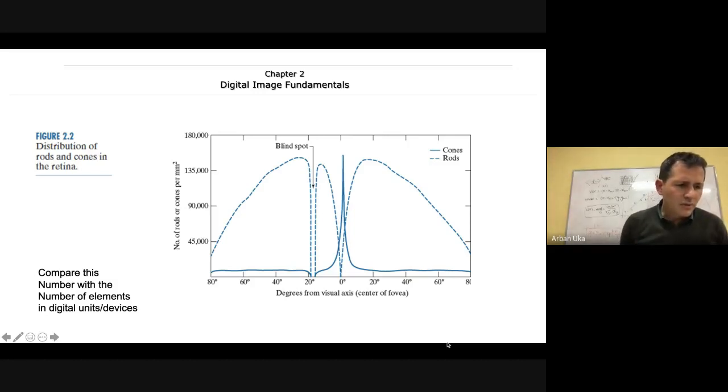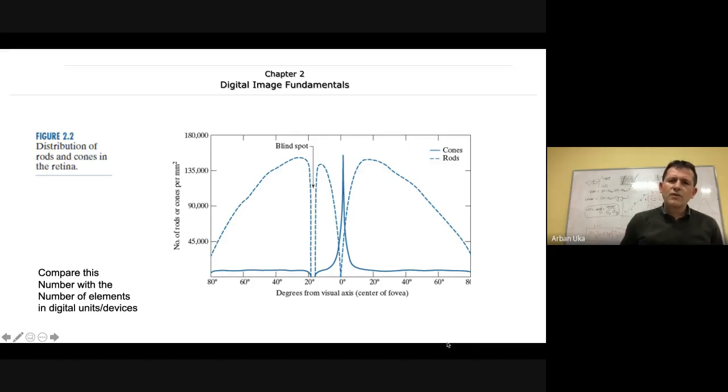But we also have 10 to the power 8 rods. So we have 100 times more, which means a better resolution than 4K. Nowadays we have these 4K cameras and 4K TVs, which are out with relatively high prices. The human eye has a resolution larger than 4K, and 4K is not really something huge.